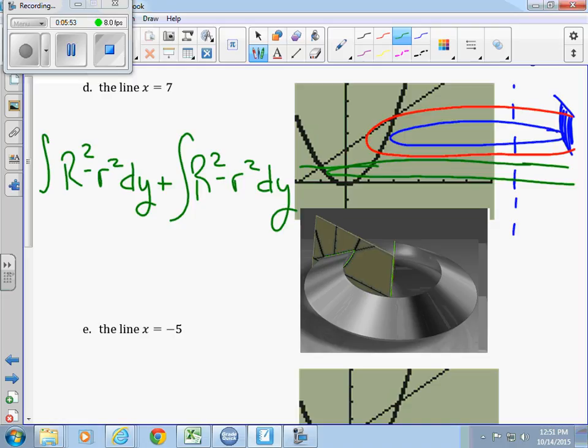The bottom piece is going to be 0 to 1. Is that what we said that y value was? And then 1 to 4. Am I right? Intersections. And again, what value of the intersection am I using? The y value, because I'm integrating with respect to y.